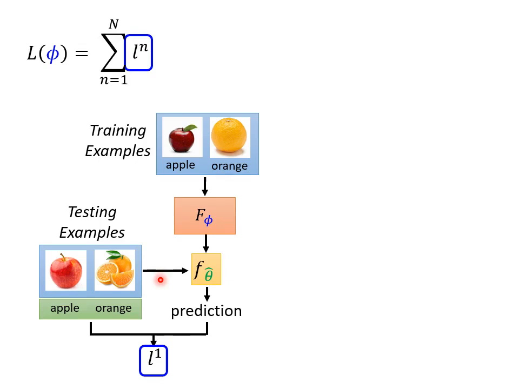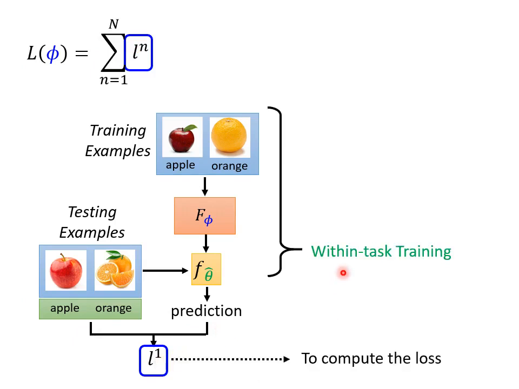To optimize the loss function, you usually need to know how to compute this term. And to compute capital L, you need to know how to compute small l. And this is the procedure of how we compute small l. To compute small l, we need within task training and within task testing.